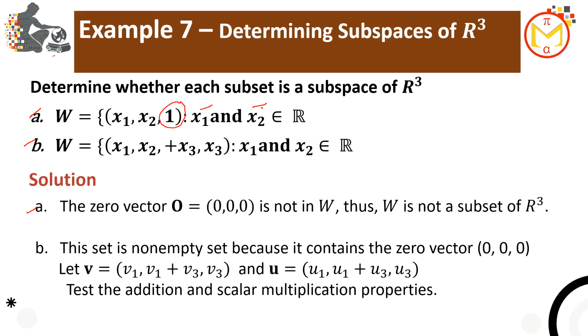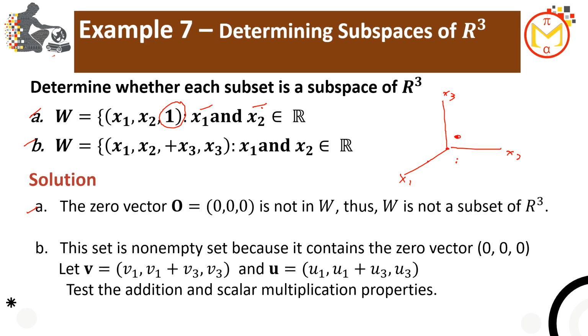So if we graph the function, I have a three-dimensional graph here. Let's say this is your x sub 1, x sub 2, and this is your x sub 3. Let's say this distance is 1, so the point is here, and it's not at the origin.